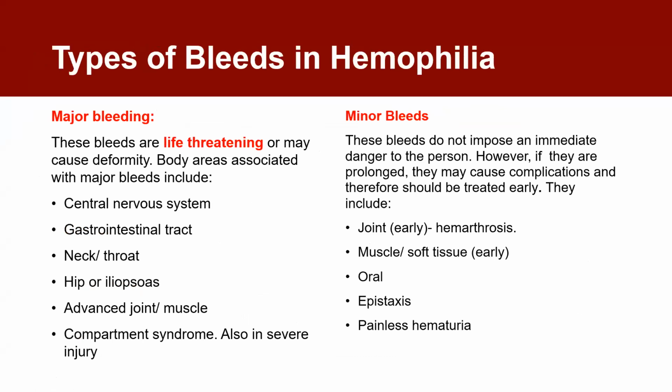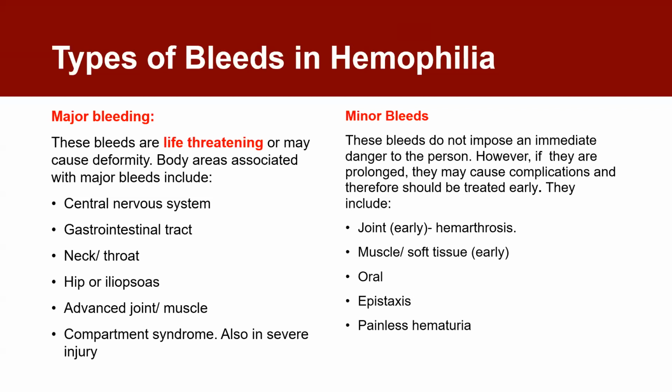Body areas associated with major bleeds include the central nervous system, the gastrointestinal tract, the neck, the throat, the hip or the iliopsoas muscle, the advanced joint or muscle, or you can also find a big muscle chunk that is involved, and this can lead to compartment syndrome, for example, in the thigh, in the calf area, in the forearm, and this is in severe injury most of the time.